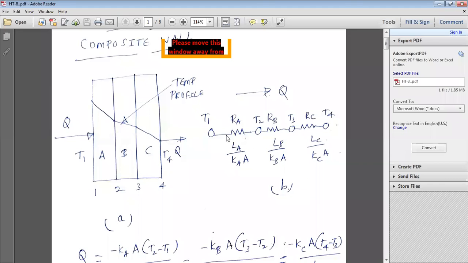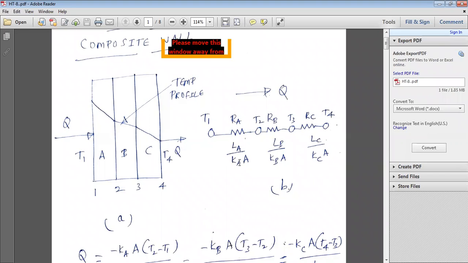This is the electrical analogy: the overall temperature difference is T1 to T4, and in between are the resistances offered by material A, material B and material C.